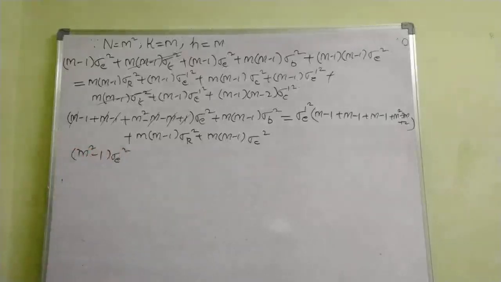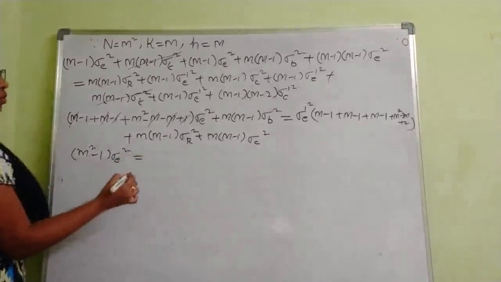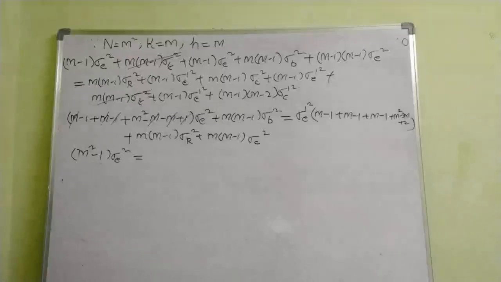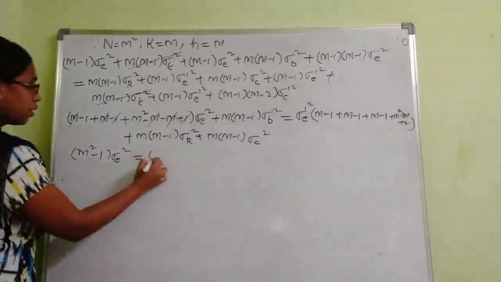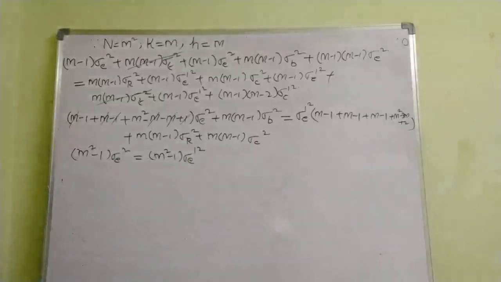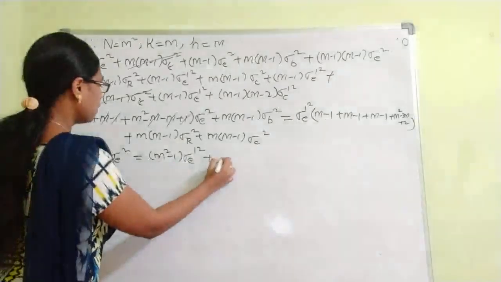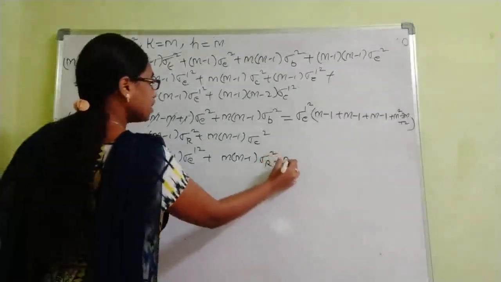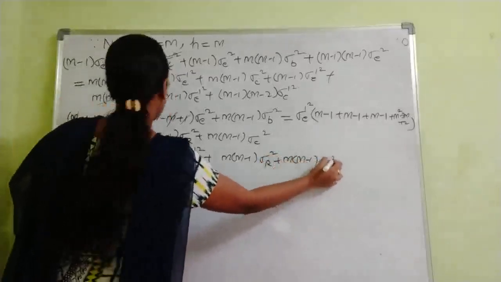And here it is equal to, there also m plus m minus 3m, so plus 3m minus 3m gets cancelled, and minus 1 minus 1 minus 1 minus 3 plus 2 is minus 1. So you will get again m square minus 1 sigma e dash square plus, what are the terms left out? m into m minus 1 sigma r square plus m into m minus 1 sigma c square.